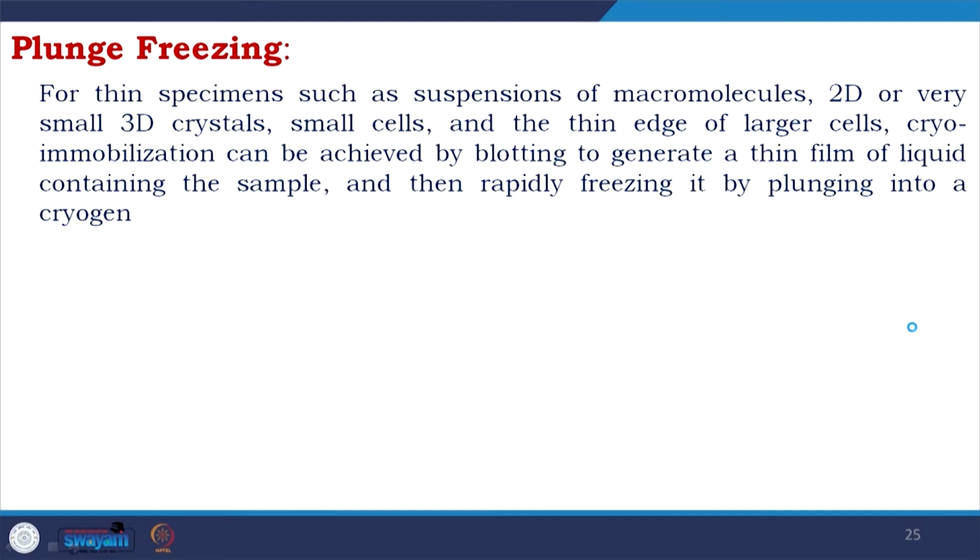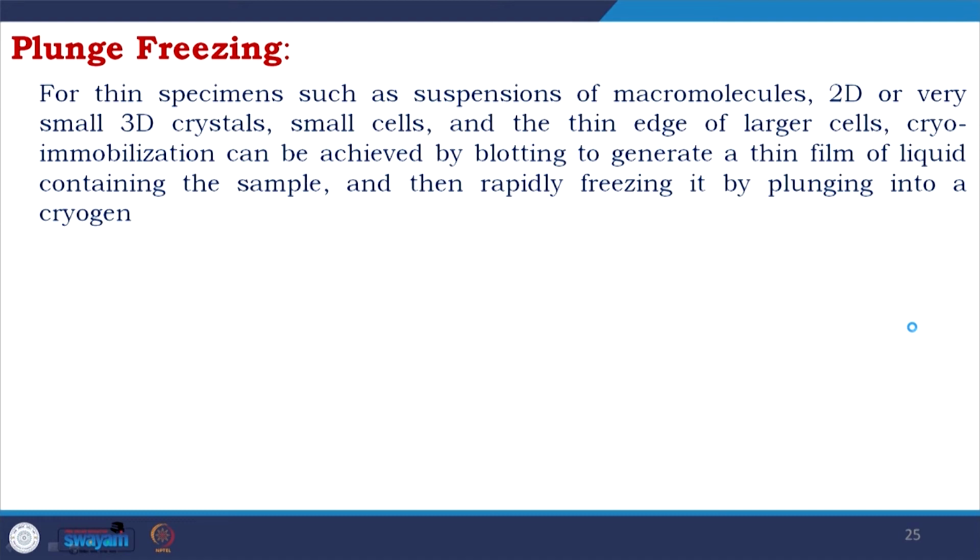So, when you have thin specimens such as suspension of macromolecules, 2D or very small 3D crystals, small cells and the thin edge of the larger cells, cryo immobilization can be achieved by blotting to generate a thin film of liquid containing the sample and then rapidly freezing it by plunging into a cryogen.